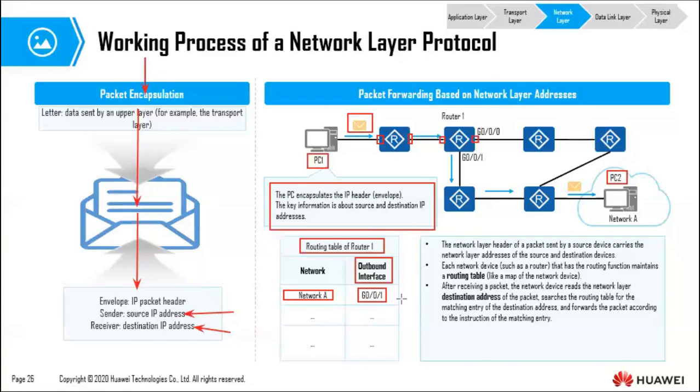Then the number is 0 stroke 1. If it has another interface, it's G0/2, and so on. So we're simply saying you have a packet that is going to network A, send it out through G0/1.